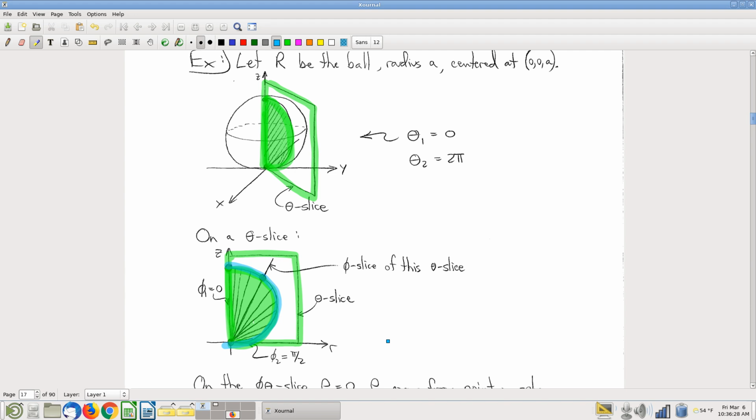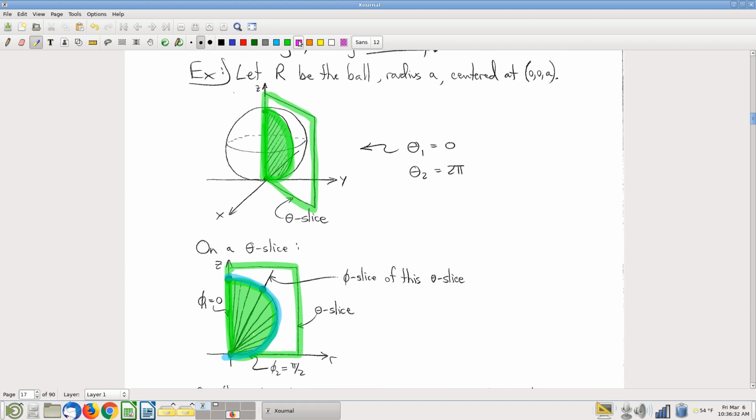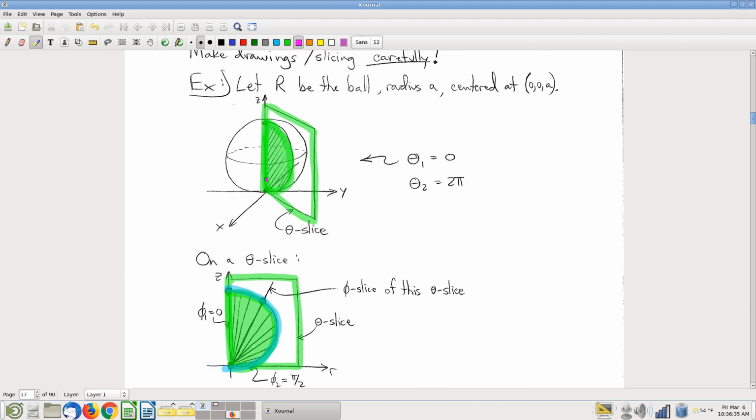Now, with the theta slice drawn, it'll be easier to see what your phi ranges are. You could, I suppose, see it over here, that these are phi slices, but if your picture is poor, you might think it kind of stops there, at about pi over 3 or something. If your picture is mediocre, you might get the wrong idea.